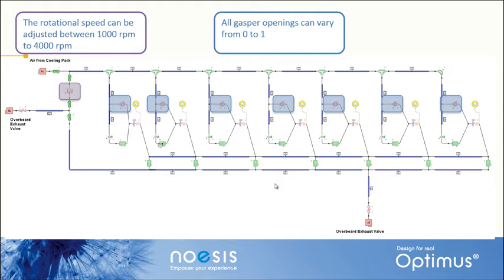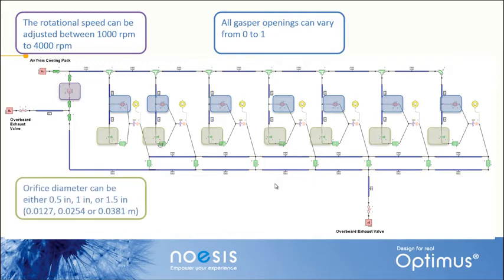The gasper openings can vary from 0 to 1, with 0 being fully closed and 1 being fully open. Then we also have 7 orifices that are identified throughout the length of the cabin, connected with each gasper. These orifices can have one of 3 sizes: either 1/2 inch, 1 inch, or 1.5 inches.